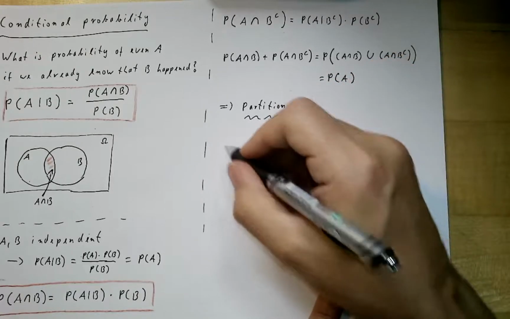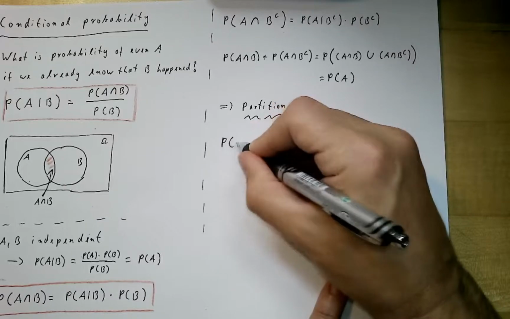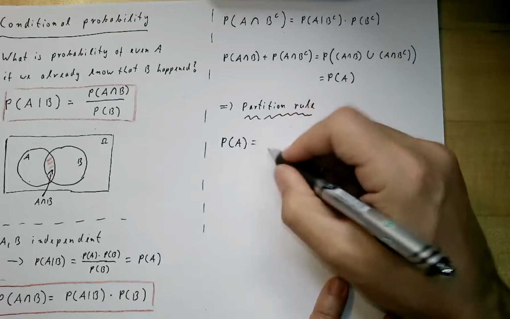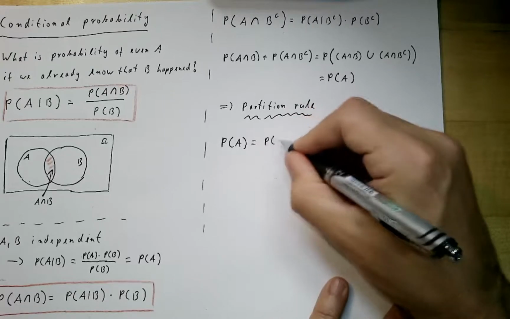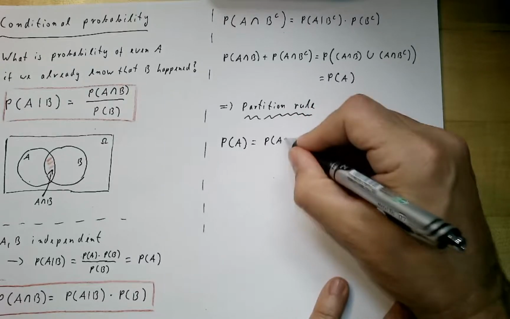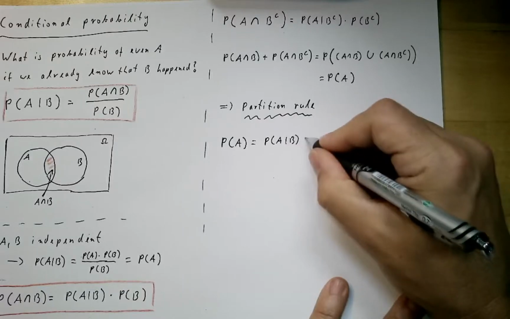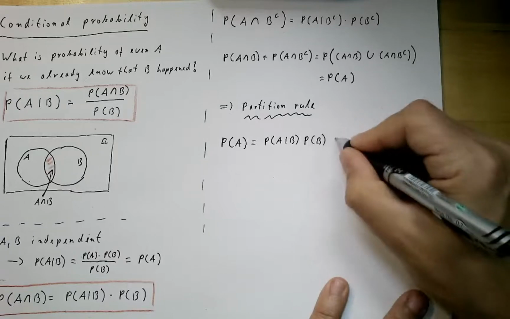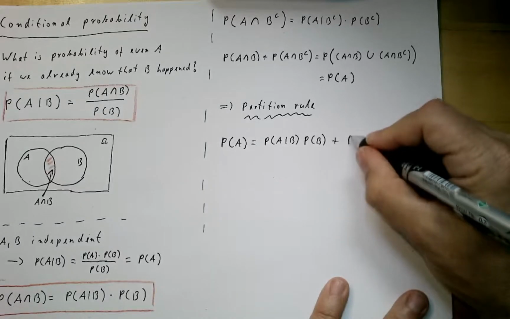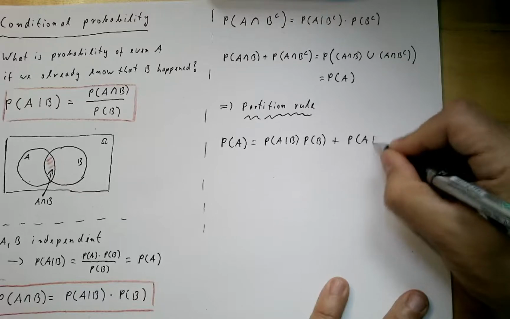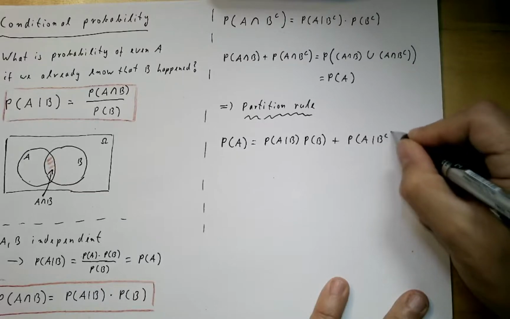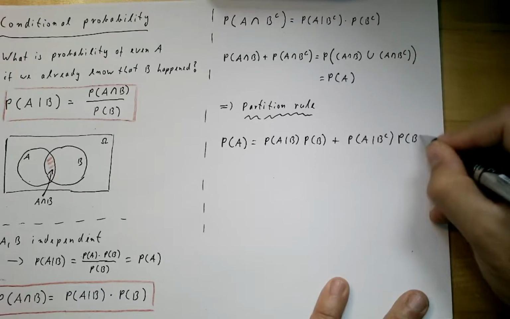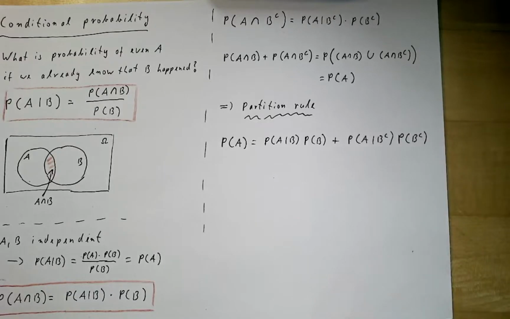And we can write the probability of an arbitrary event A as decomposed into the conditional probability of A given B times the probability of B, plus the conditional probability of A given the complement times the probability of the complement.